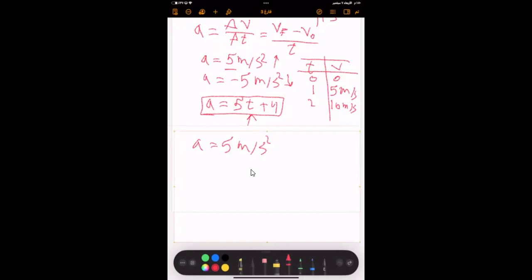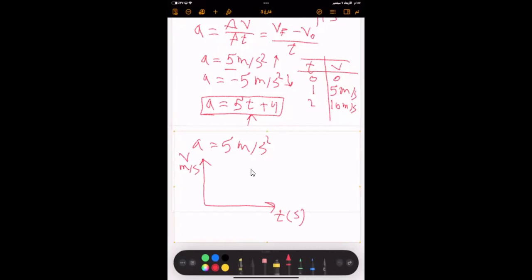Let us try to draw the time-velocity curve in the case of a constant acceleration. Put t on the x-axis, measured in seconds, and v on the y-axis, measured in meters per second.